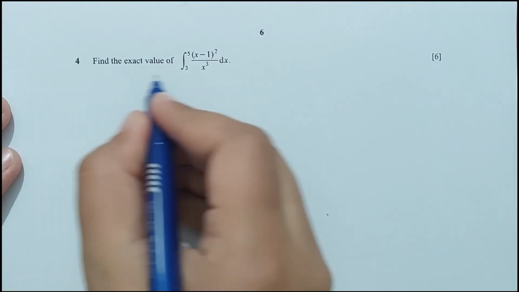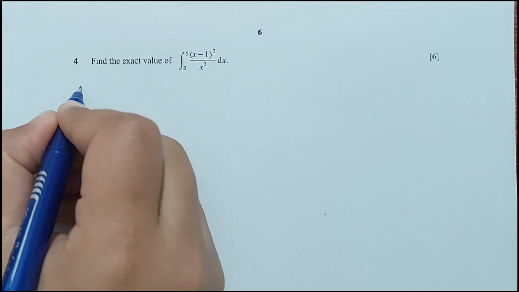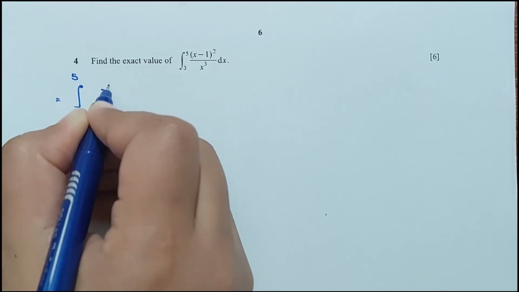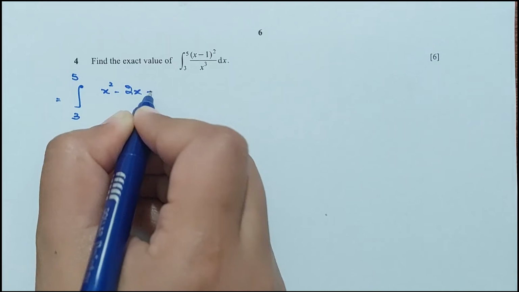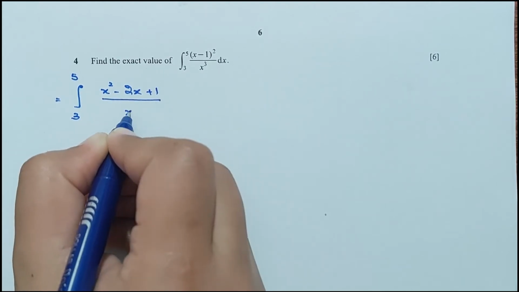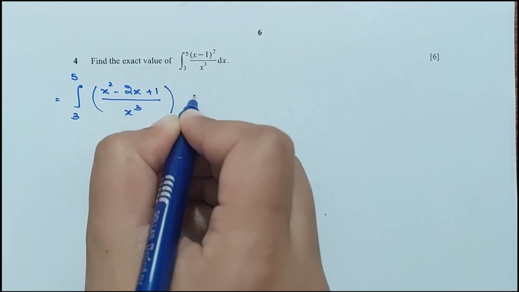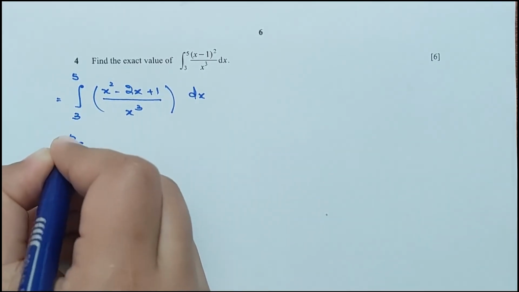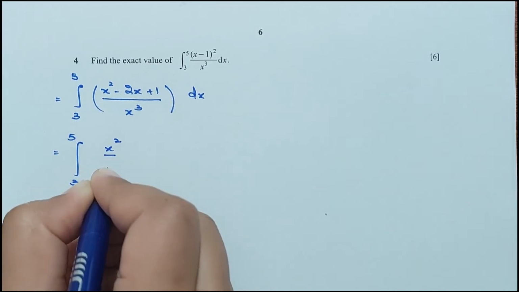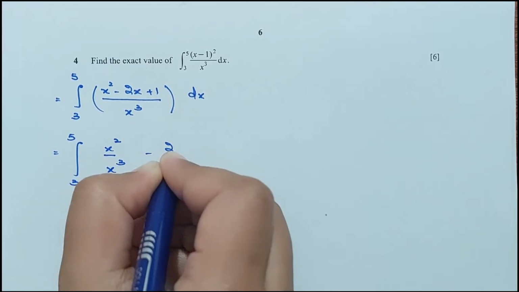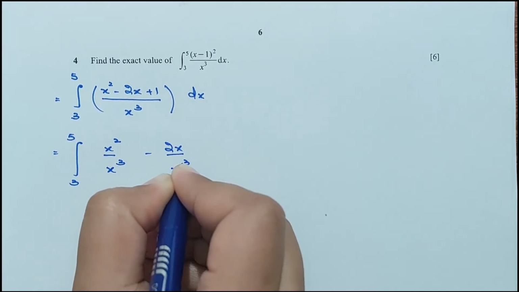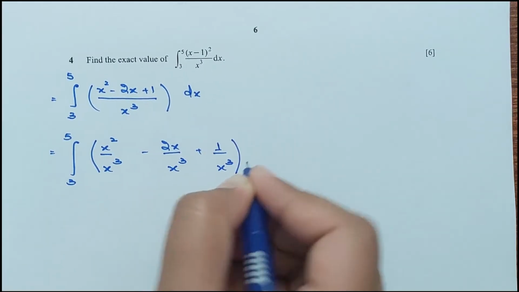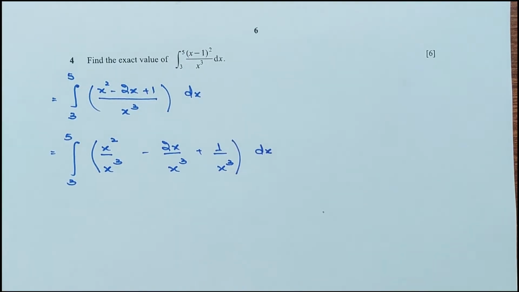Question number 4, find the exact value of this integral, right? So from 3 to 5, opening the square, x square minus 2x plus 1 over x cube dx. Okay, so from 3 to 5, x square over x cube minus 2x over x cube plus 1 over x cube dx, right?